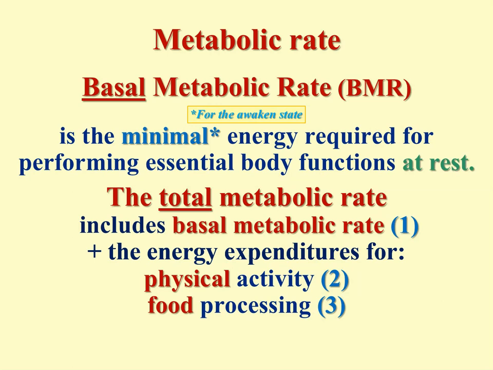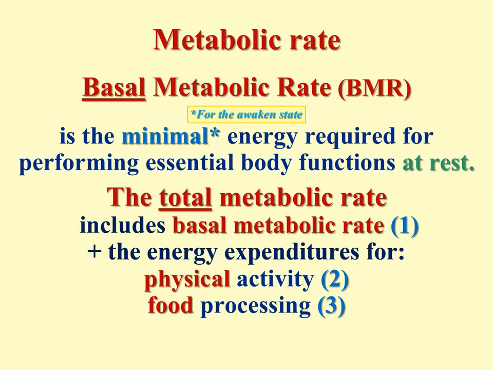We need to secrete juices and release the enzymes that will produce the reactions of digestion of these substances. Then we need to absorb the substances, and most substances require active transport through membranes from the digestive tract. So to take the energy which is present in the food, we need to spend a little energy for its digestion, to convert food into nutritional substances available for absorption and absorbed into blood. So food processing also requires energy.